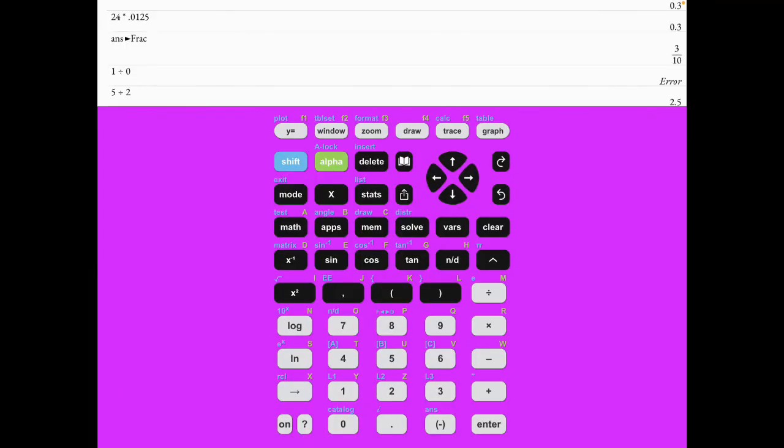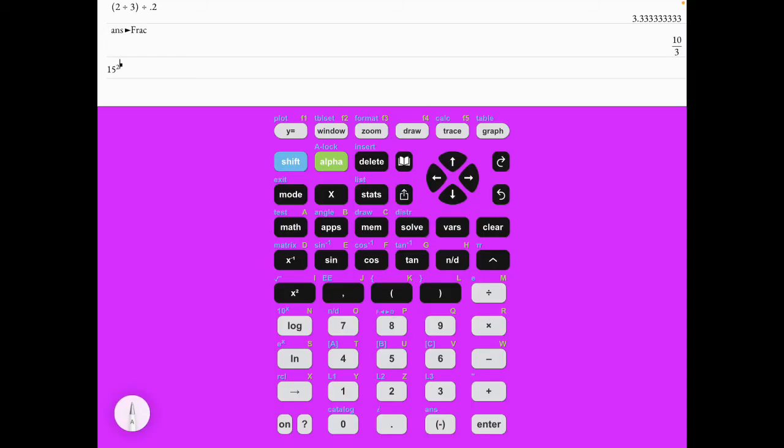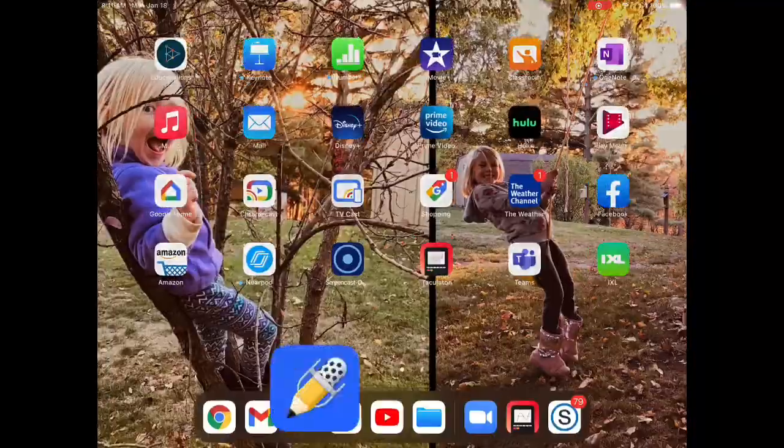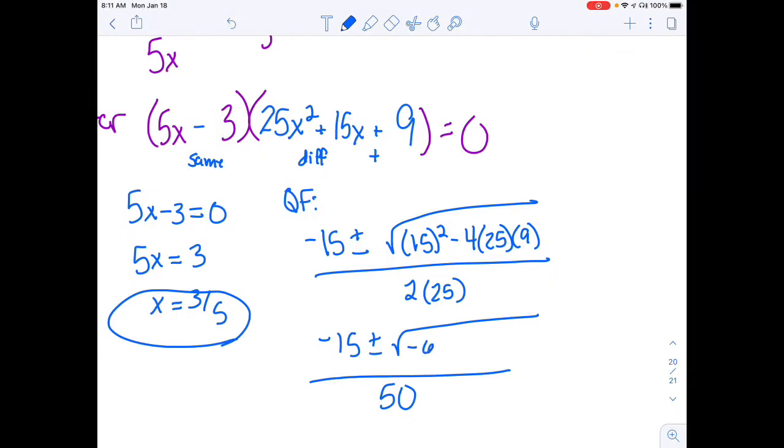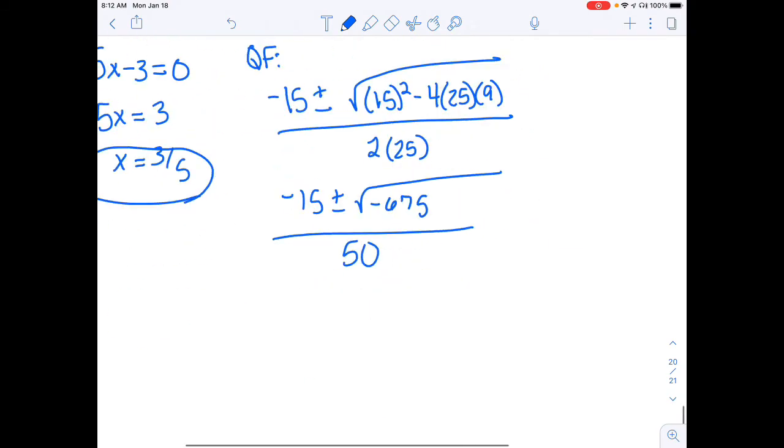So it was 15 squared. I know it would be in parentheses. 15 squared minus 4 times a times c. Oh, wow, negative 675. I was way off. Bad. So negative 675. And then you would have to figure out what perfect square goes into negative 675.